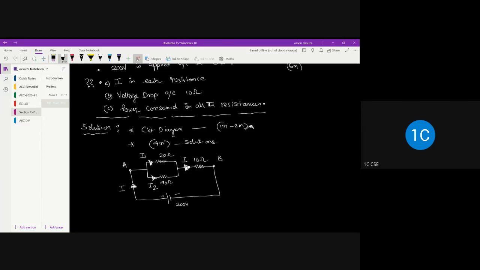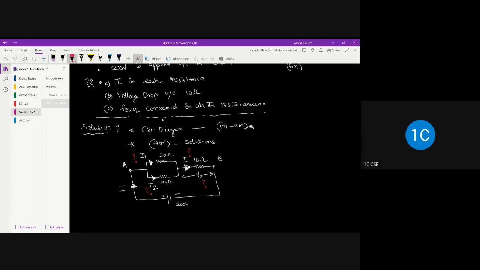You also need to find the voltage drop across the 10 ohm resistor. Let's say Vx is the voltage drop across the 10 ohm resistor. So you are supposed to find this Vx drop, as well as current I1, current I, and current I2.